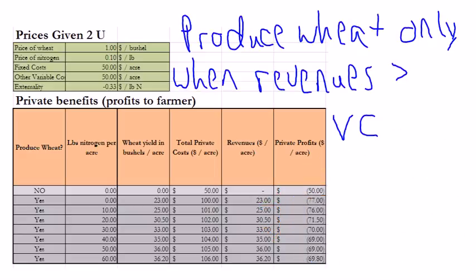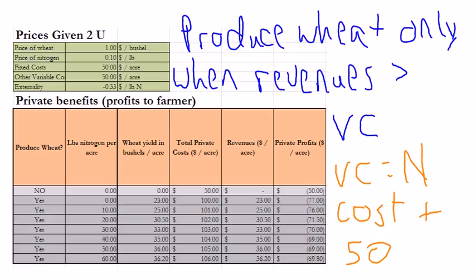Another way of seeing this is go back to our rule. Our rule where we say we produce wheat only when the total revenues of producing wheat is greater than the variable cost of producing wheat. And our variable costs are going to be whatever the nitrogen cost is, and that nitrogen cost depends on how much nitrogen we apply, plus the $50. And this $50 is not the fixed cost, it's the other variable cost.